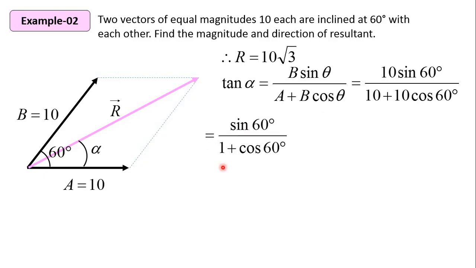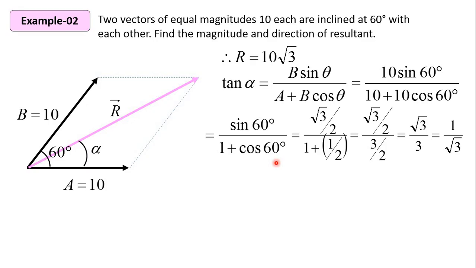Substituting the values, sin 60 is root 3 by 2 and cos 60 is 1 by 2, and 1 plus 1 by 2 is 3 by 2. Then these 2 cancel and we get root 3 by 3, which is 1 divided by root 3. So if tan alpha is 1 by root 3, then angle alpha is 30 degrees. Hence we have found both the answers.